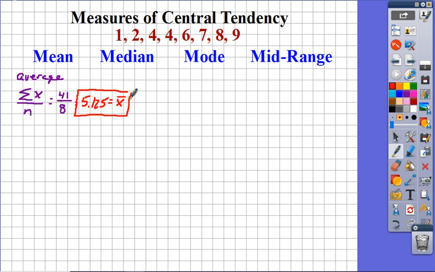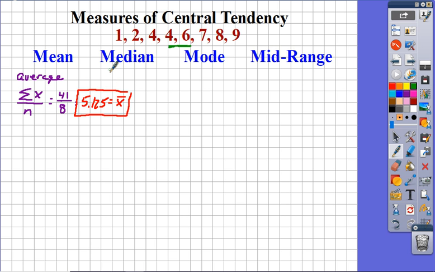The second one we're going to talk about is the median. Now the median, remember, that's the middle number when you put all the numbers in order. So our numbers are already in order, but unfortunately this time we have 1, 2, 3, 4, 5, 6, 7, 8 numbers. So the middle number has to be between these two. So we take the average of those middle two numbers.